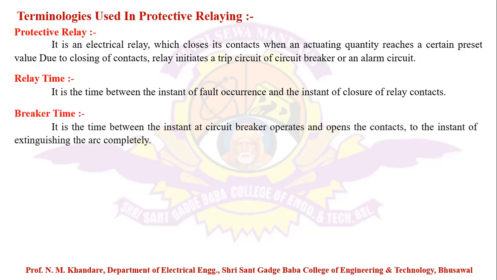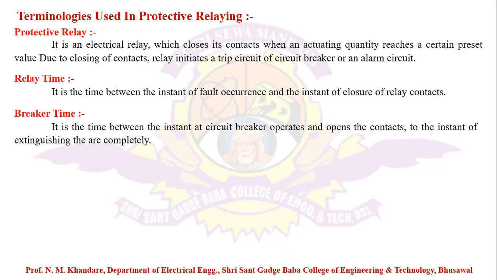Next is the breaker time. Breaker time is the time between the instant the circuit breaker operates and opens the contacts, to the instant of complete extinguishing of the arc. As the circuit breaker contacts separate, due to ionization and the heat produced between the contacts, some current jumps from one contact to another without any conducting part, in the form of a glow, and this is called the arc.